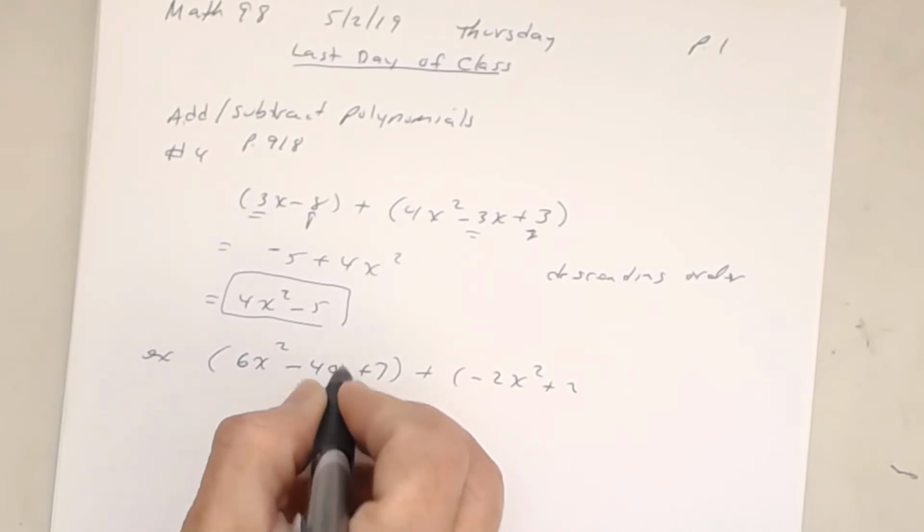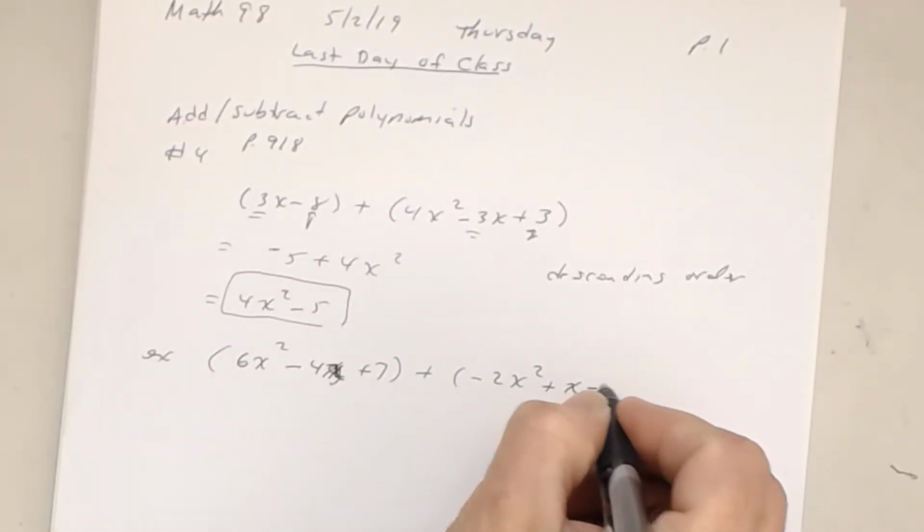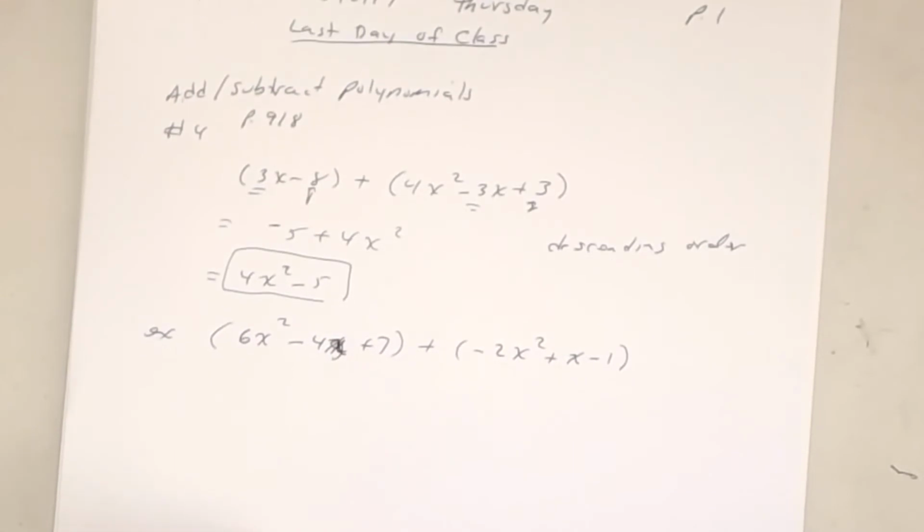I'm sorry. Let's make that x. Okay. So I'm adding these two polynomials. That's negative 4x. All right. Let's put it in descending order. X to what power is going to have to be listed first? X to the second.